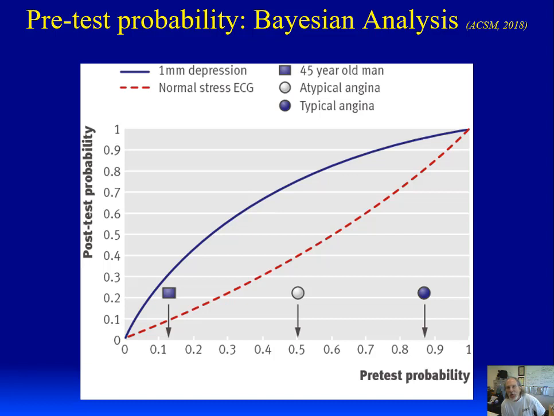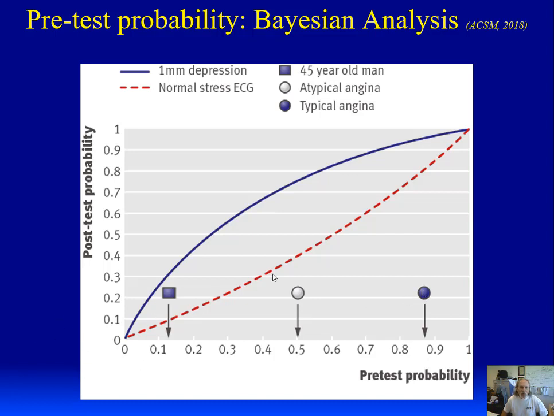So this is Bayesian analysis. Let's look at two examples. The top example is we've got a 45-year-old male. Sorry, we'll use the bottom one. A 45-year-old male who has a normal stress test, so that means no ST segment changes, and we can see what's their pre-test probability. So here he's 45. There they have atypical angina, and there they have typical angina.